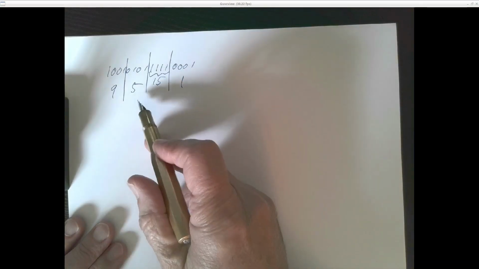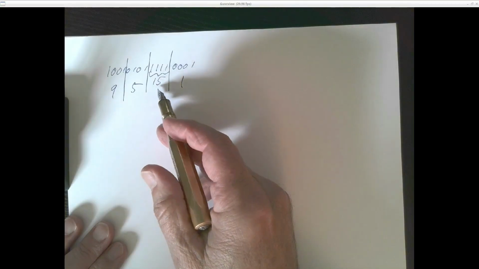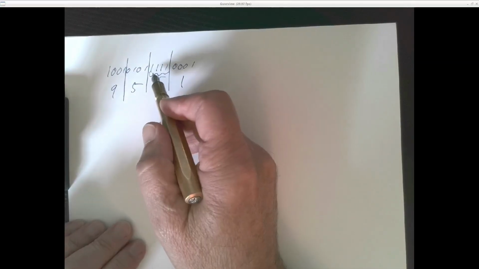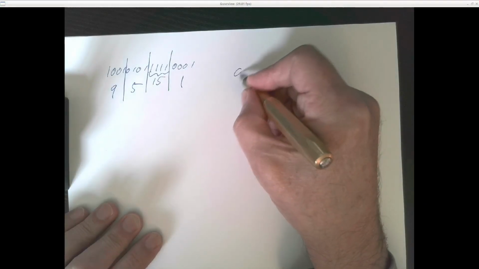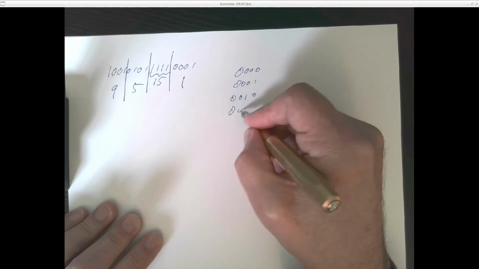Well, 15 is not a digit. It's a pair of digits. And if I write 95151, well, how do I know that this is a 15 and not just a 1 followed by a 5? So if we add up our 4 bits and we get something bigger than 9, we write a letter instead of a number. And so we use the following translation.